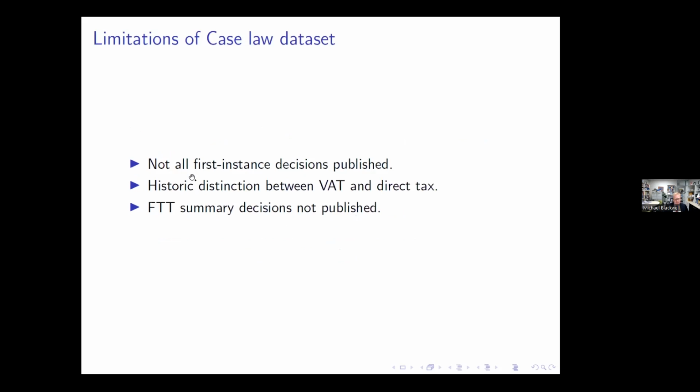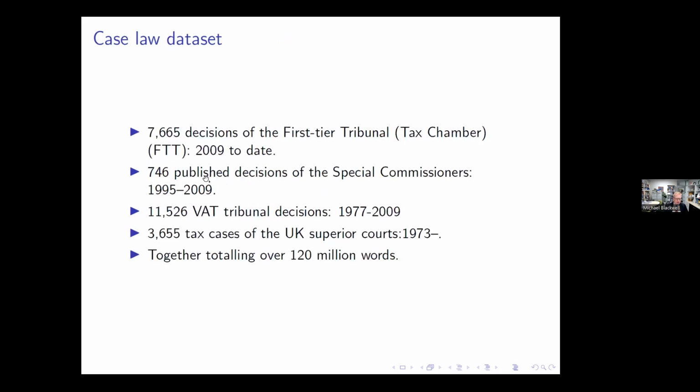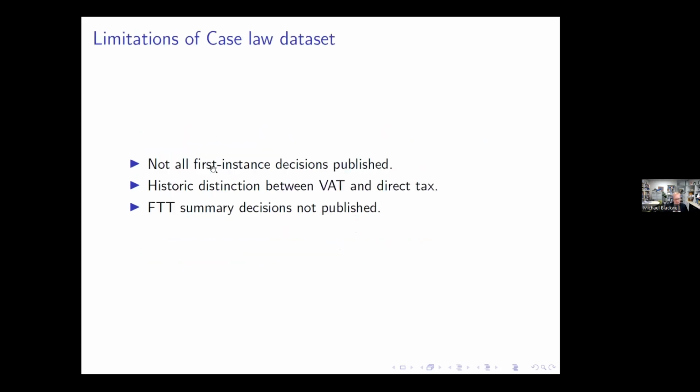And so there are some limitations to this. It's not all litigated tax cases, because not all first instance decisions are published. As I noted on the earlier slide, the special commissioners only started publishing their decisions in 1995, whilst the VAT tribunal had published its decisions since the 1970s.